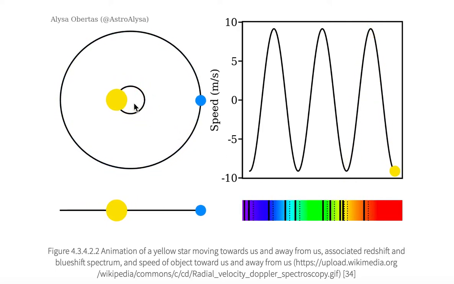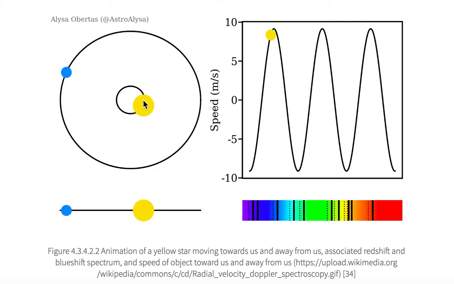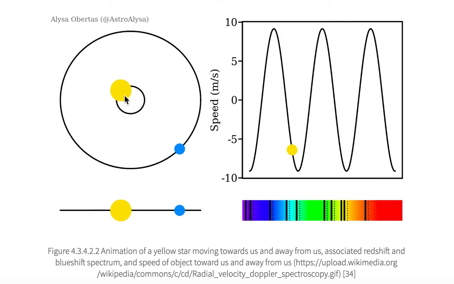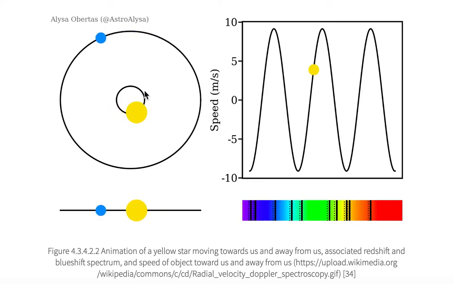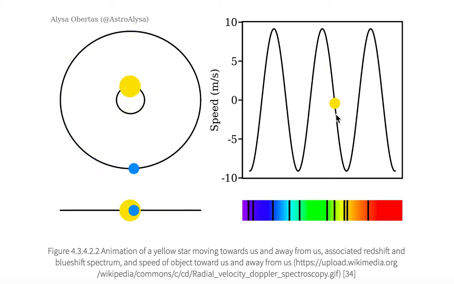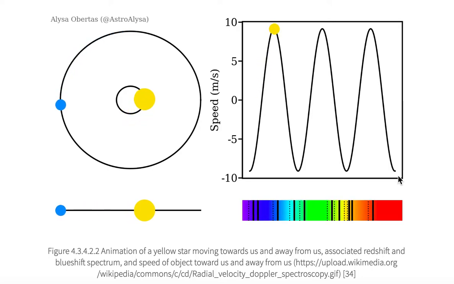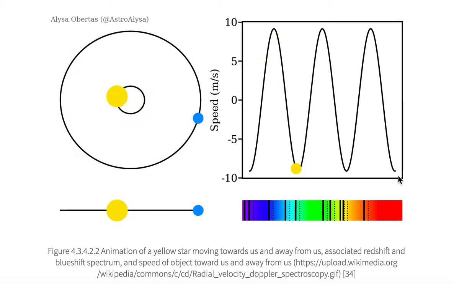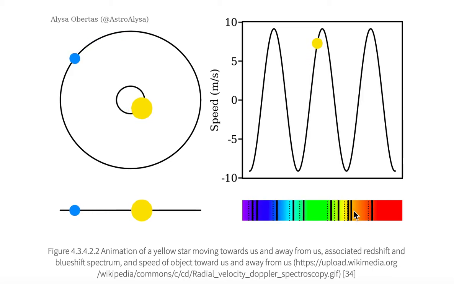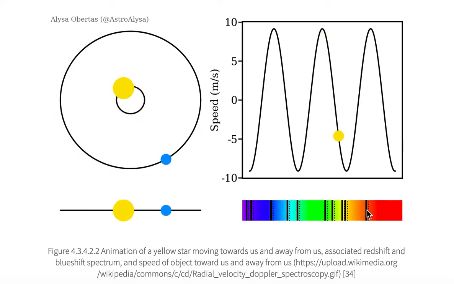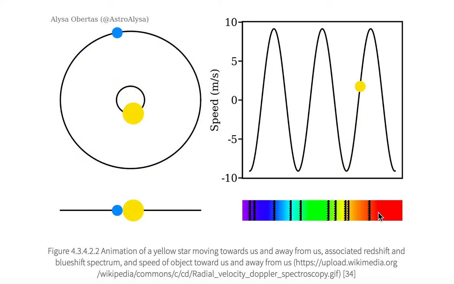But because the star is moving towards us and away from us with speeds of 10 meters per second to minus 10 meters per second, we see these spectral lines shifting towards the red side of the spectrum, then the blue side, then the red side, then the blue side.